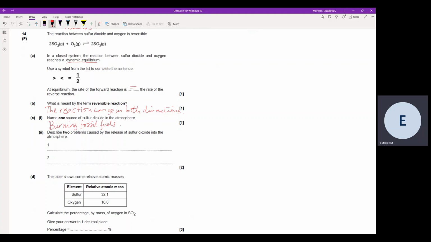And then describe two problems caused by the release of sulfur dioxide into the atmosphere. Now we need to think, what do we know that sulfur dioxide causes? Well, it causes acid rain. So what is the problem that acid rain causes? Well, there are loads. We can say it damages forests.